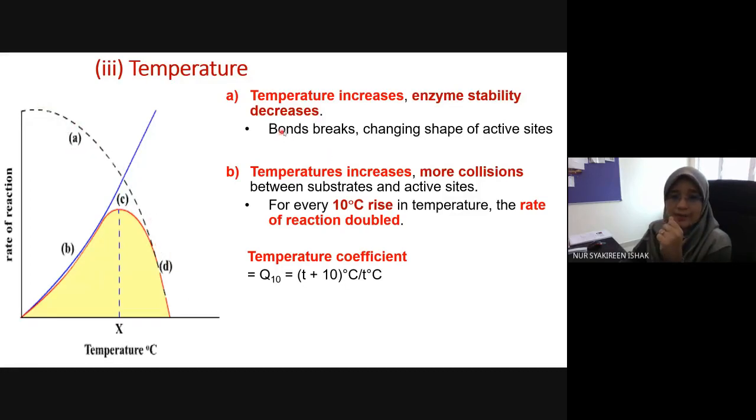Why? Because the bonds within the enzyme, within the protein, will start to break and cause the shape of the enzyme to change, and cause the shape of the active site to change. As you know, enzymes are made up of globular protein. They fold into a specific shape.